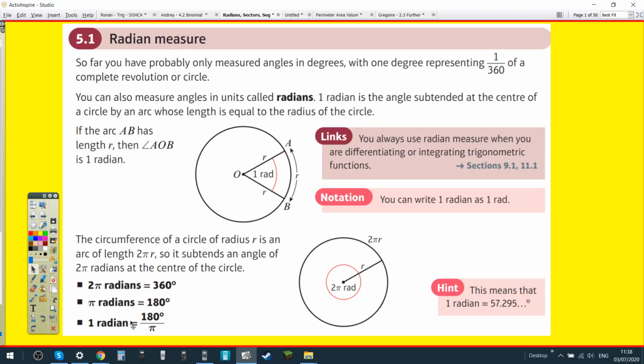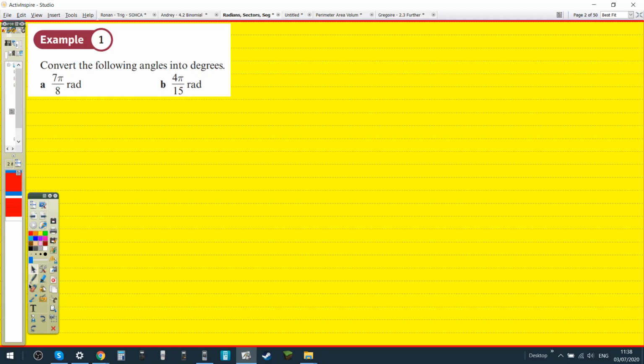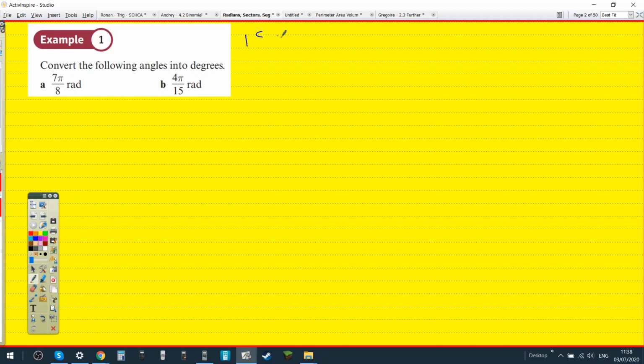Okay. 1 radian is 180 over pi. And a radian is the angle if the arc length was the same as the radius. So 1 radian is 180 degrees over pi.